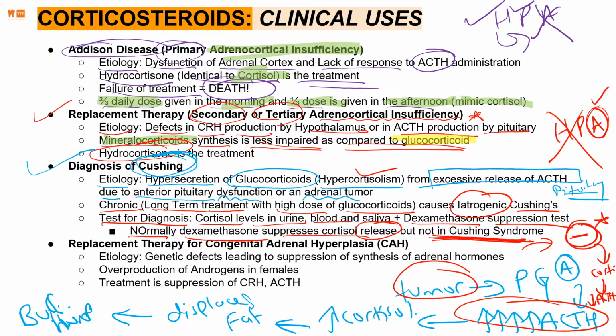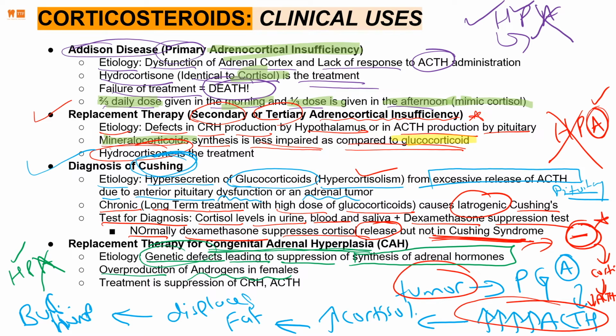Replacement therapy for congenital adrenal hyperplasia. What is that? It's caused by a genetic defect leading to suppression of synthesis of adrenal hormones. In this case, the HPA axis: the hypothalamus and pituitary are okay, but the adrenal is bad. Why? Congenital genetic defects. It causes overproduction of androgens in females.